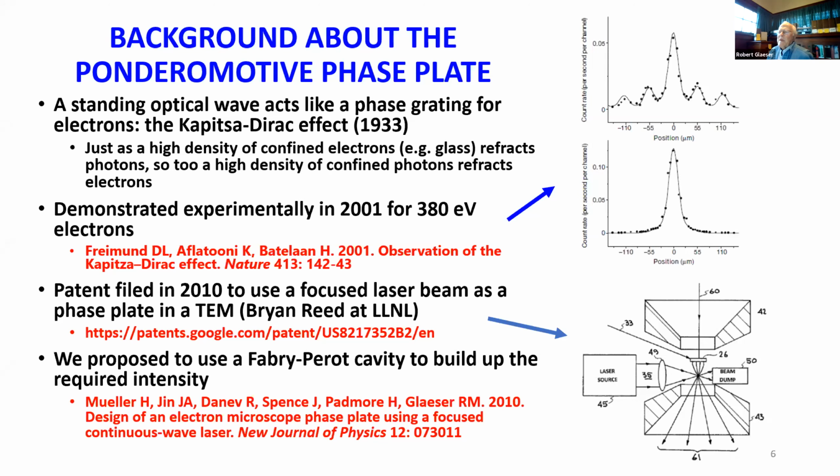Now we, this means Holger Mueller and I, at the initial paper, a number of colleagues, proposed to use what is called a Fabry-Perot cavity to build up the required intensity instead, and that might need only something like a 10 watt or 20 watt, et cetera, laser, using a cavity as a power buildup device and a focusing device.